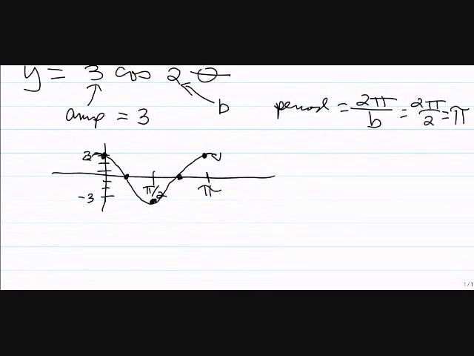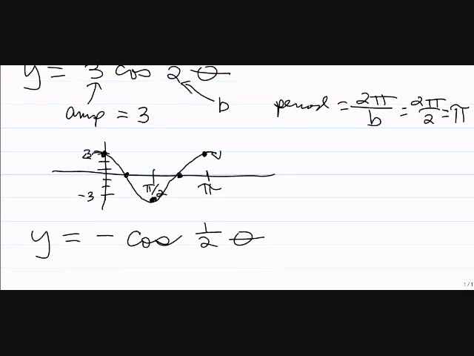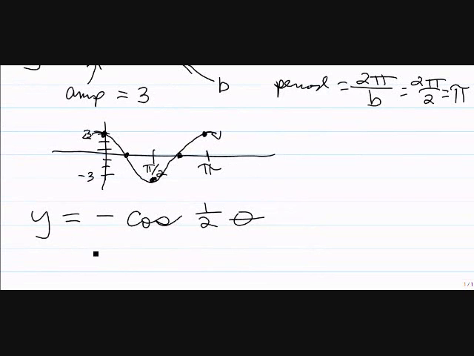Let's do a negative one, make sure we can do this. So I'm going to go negative cosine 1/2 theta. What's my amplitude?